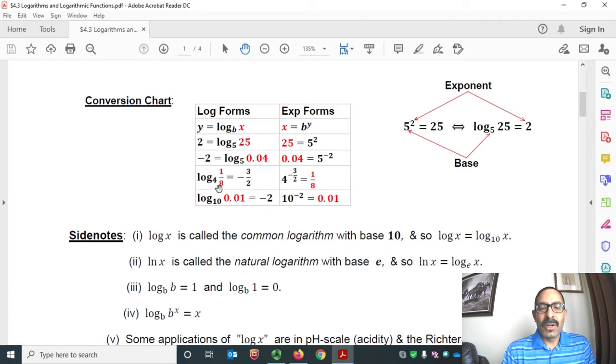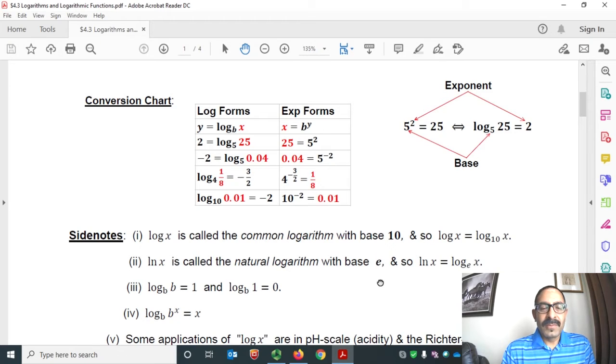Similarly, log of 1/8 with the base 4 equals negative 3/2 is the same as saying 1/8 equals 4 raised to the power negative 3/2, and log 0.01 with base 10 equals negative 2. This is the same as saying 10 to the power negative 2 equals 0.01. Great. I hope this conversion chart makes sense to you all.